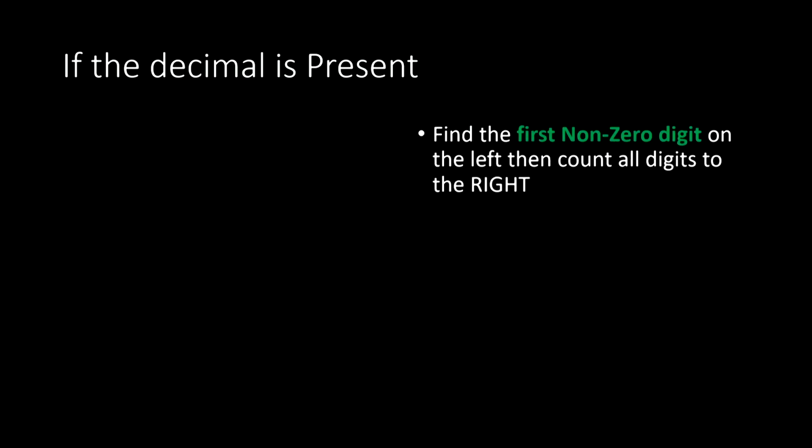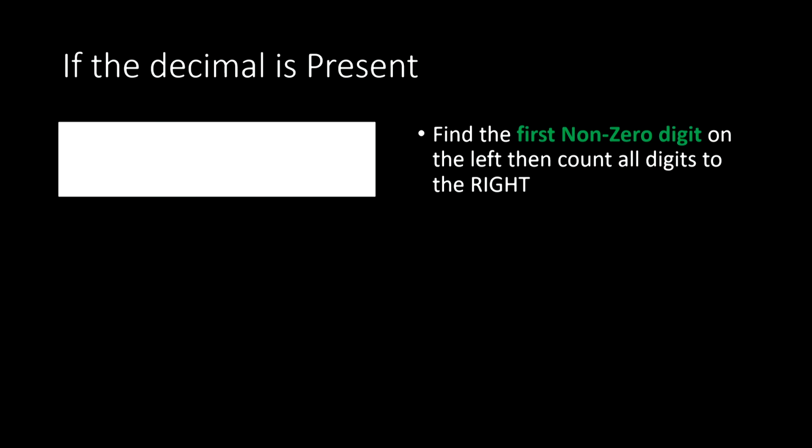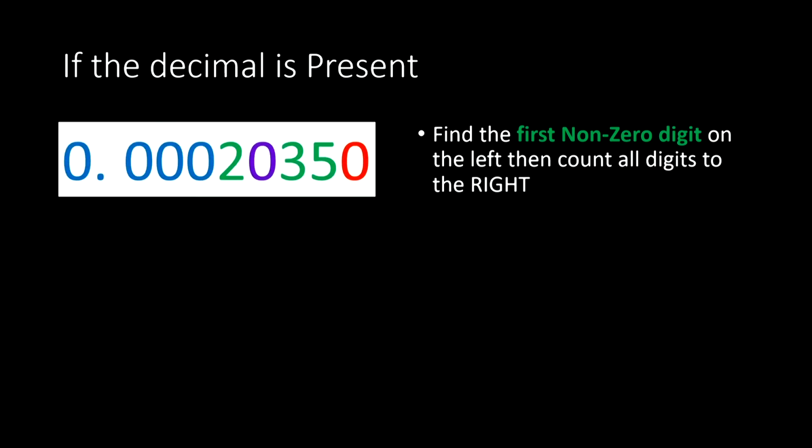So what I'm going to do is look at numbers in terms of if the decimal point is present, and then we'll look at numbers where the decimal point is not present and how that corresponds to significant figures. So here's our number again, and when the decimal is present, we're going to count the first non-zero digit on the left, and then we'll count all the digits to the right because they will be significant.